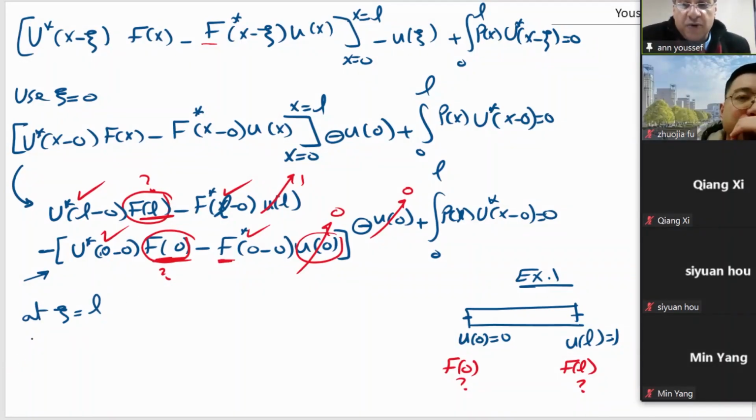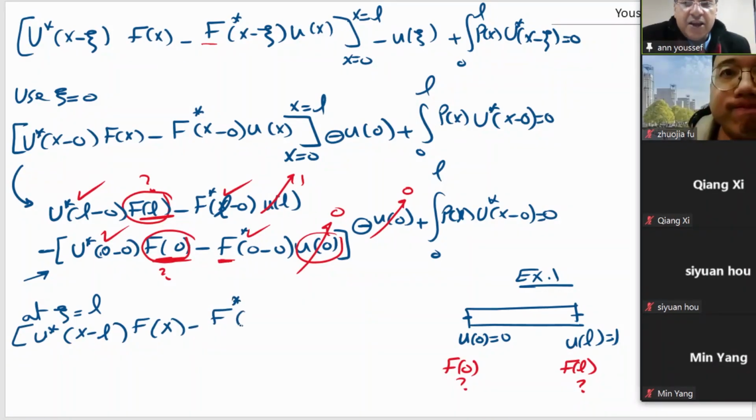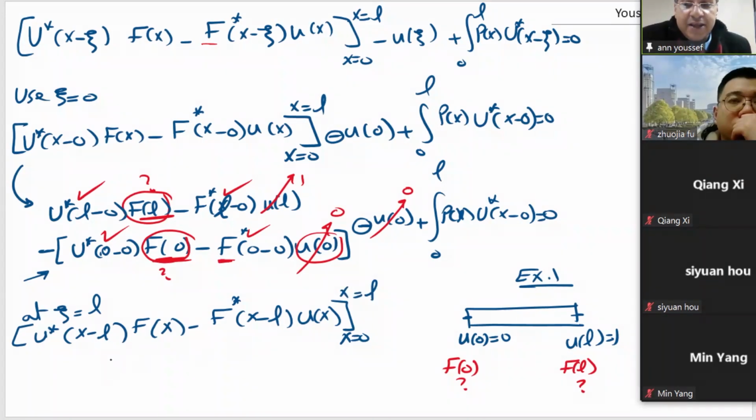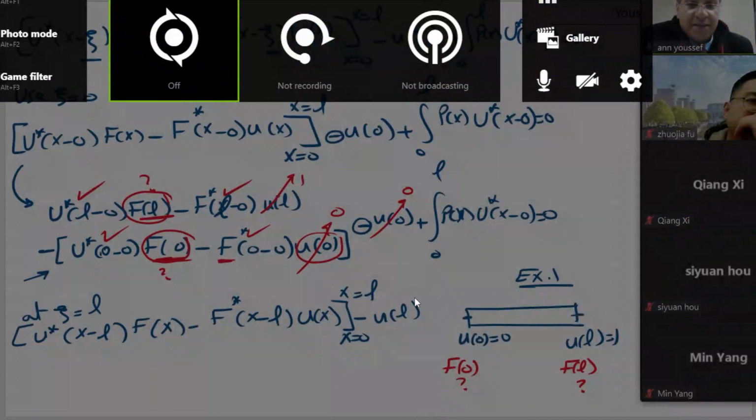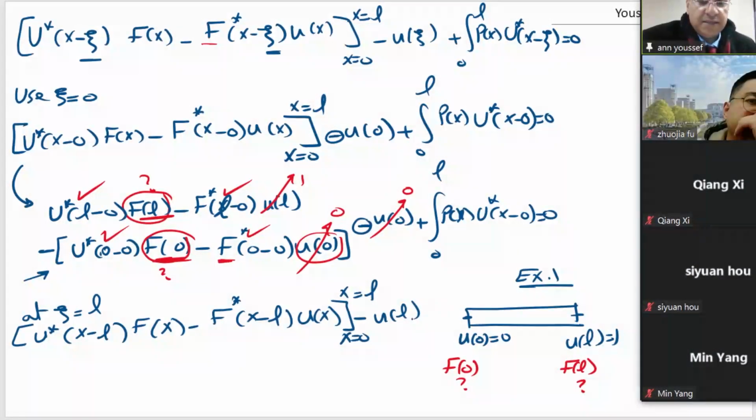When you write the equation for xi equal L, you will have u asterisk of x minus L times f of x minus f asterisk of x minus L times u of x, between x equals 0 and x equal to L. So here I used xi equal to L, minus u of L plus integral from 0 to L p of x u asterisk of x minus L equal to 0.